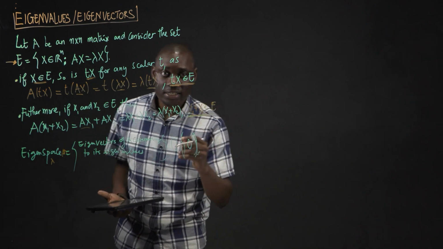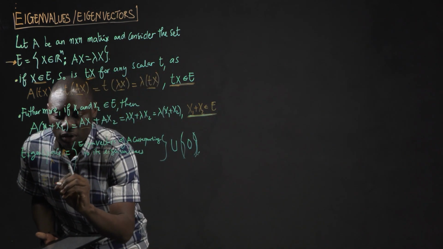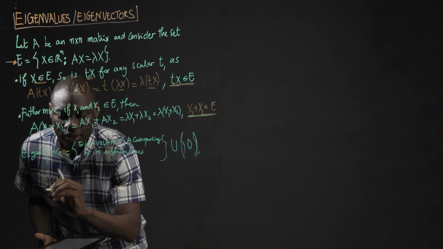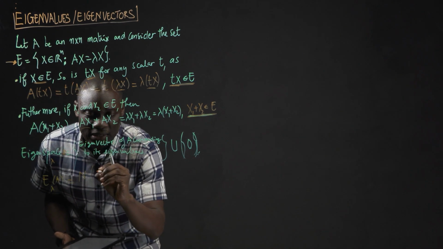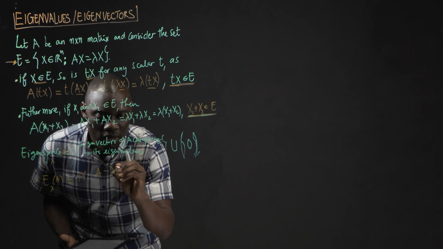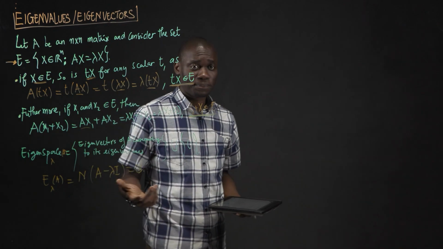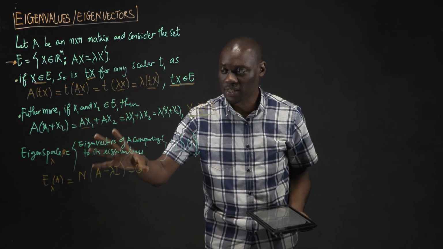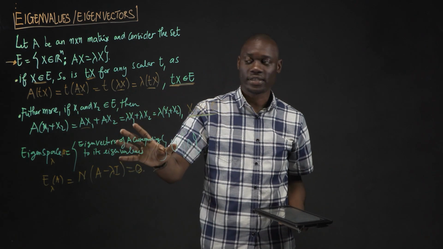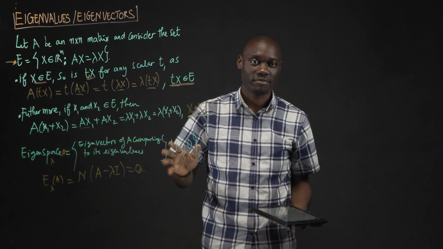This can also be written as the eigenspace of A with respect to the corresponding value of lambda, equal to the null space of A minus lambda I equals 0.